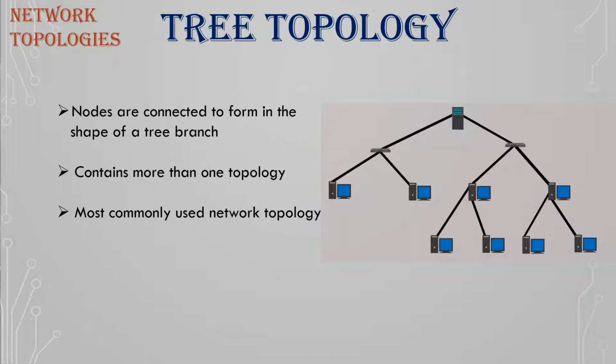In this picture, we can see that a combination of star and bus topology is used to make a tree topology, which in turn is a hybrid topology. But due to the higher number of cables used to interconnect the nodes, it comparatively causes difficulty in maintenance. But the tree topology is also the most commonly used network topology in the world.